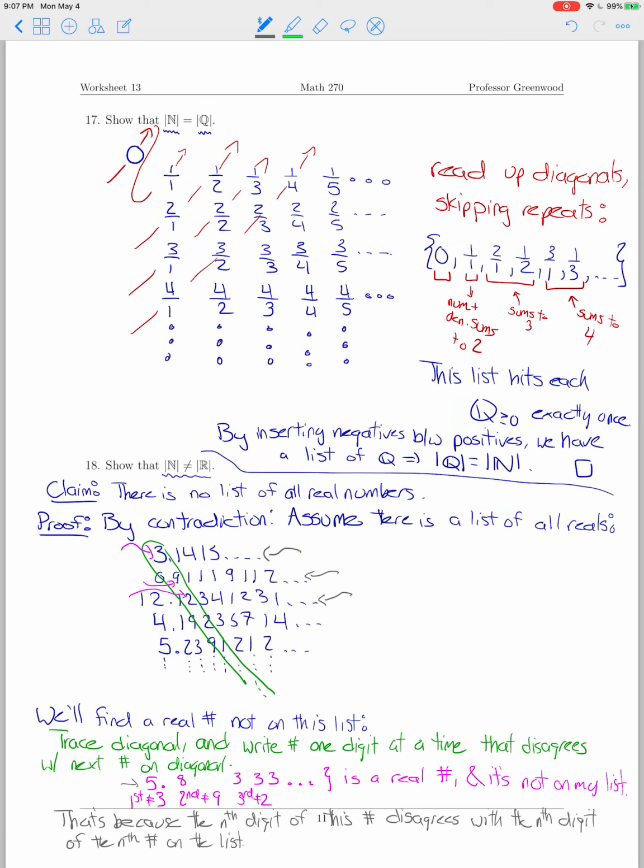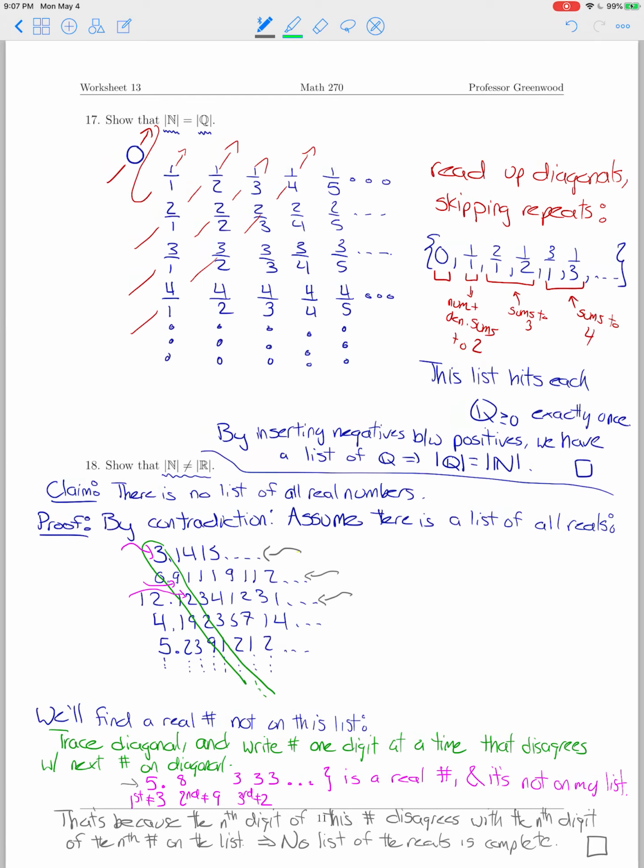All right, and so we could have done the same procedure for any possible list that claimed to have all of the reals on it. And so for that reason, we've shown that no list is complete. And so for that reason, the real numbers do not have the same cardinality as the natural numbers.